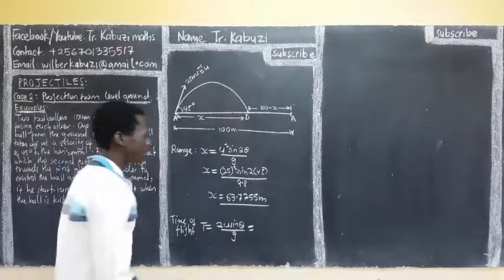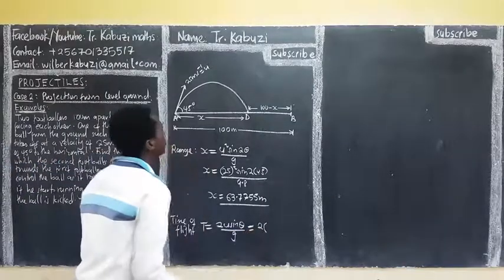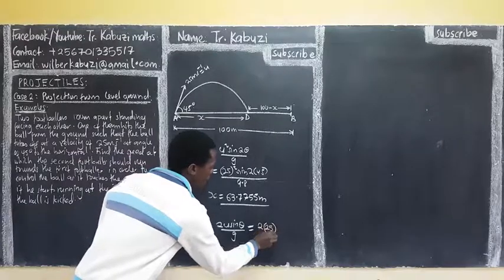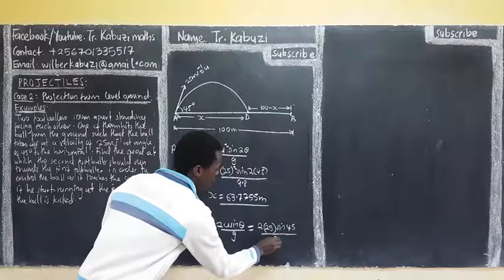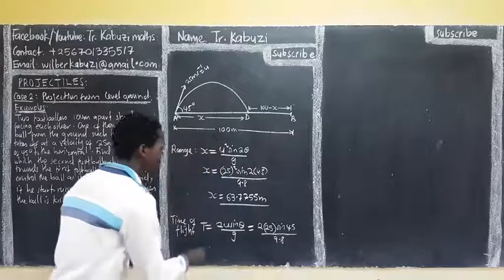So now we have 2 into 25, then sine of 45, the whole over 9.8.